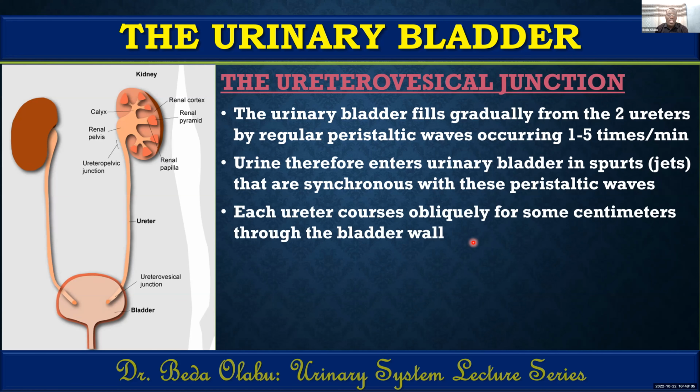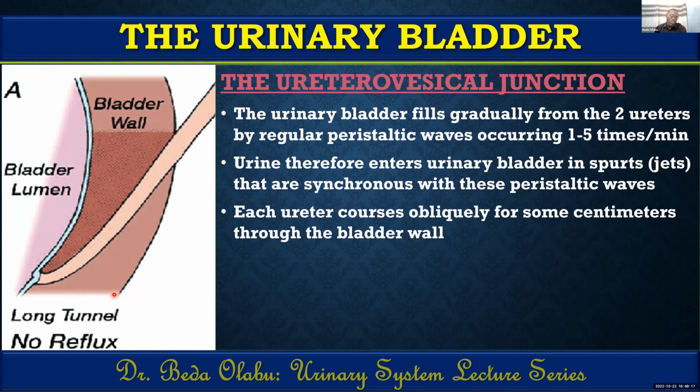Now, each ureter courses obliquely for some distance through the wall of the urinary bladder in this manner, or perhaps in that manner. So what I'm saying is that the ureter does not come directly like this. The ureter courses obliquely for some distance within the wall of the urinary bladder.